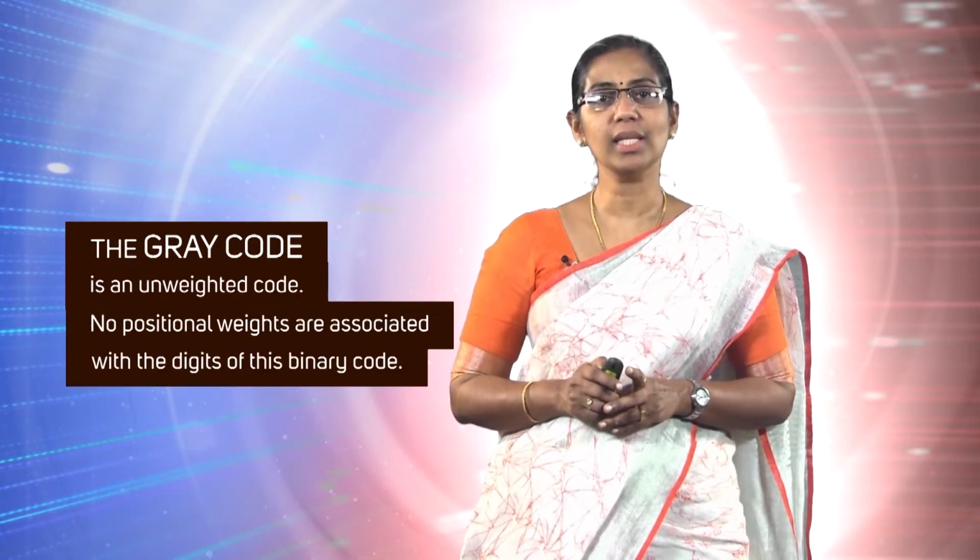The gray code is an unweighted code. What does it mean? As I told you in the last lecture, no positional weights are associated with the digits of this binary code. One more point to be noted is that it is not an arithmetic code.